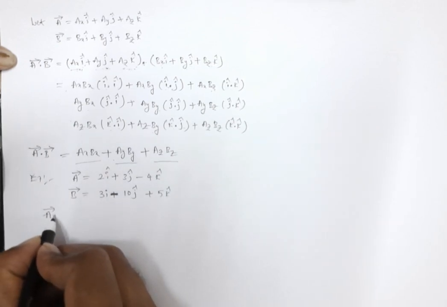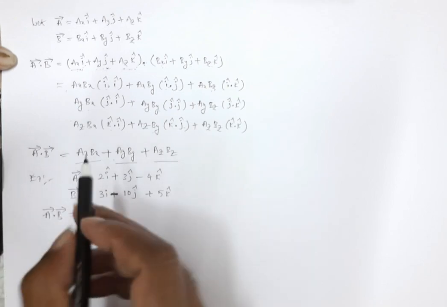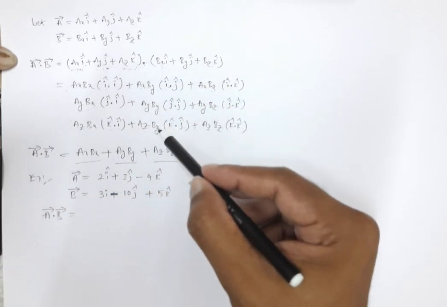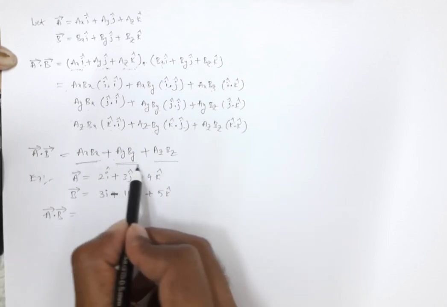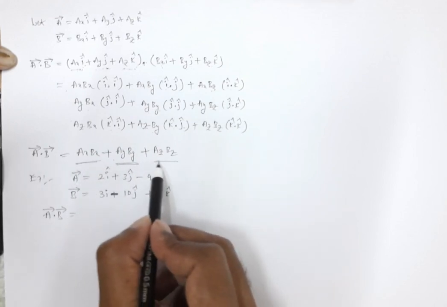Now a bar dot b bar: every time we need not do all these things. The result is simply the product of x components plus the product of y components plus the product of z components.